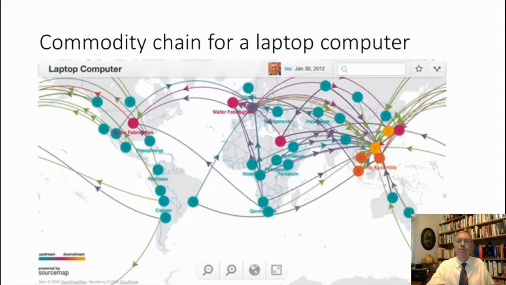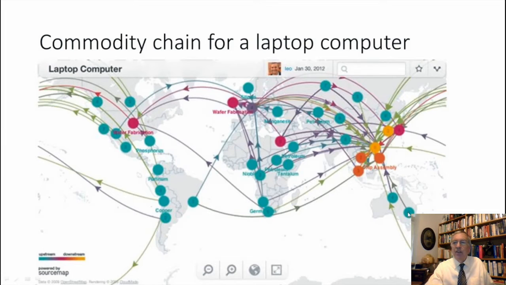You see, for example, the copper in the wires and components probably coming from northern Chile because that's the biggest copper producing area in the world, whereas your lithium, a mineral that goes into the battery, comes from a nearby area, probably like Peru.